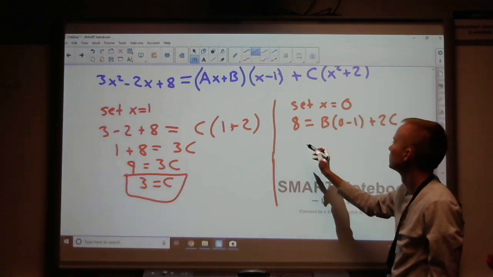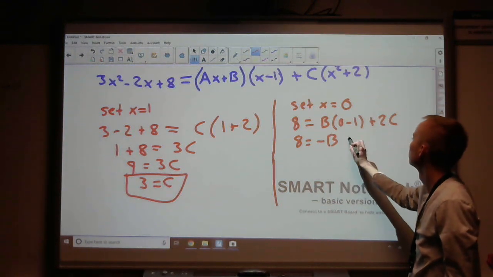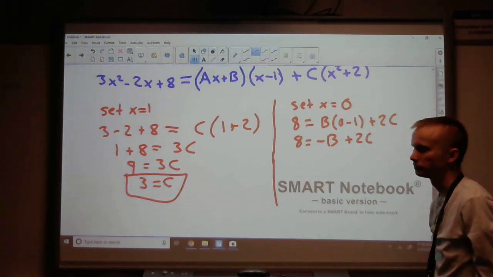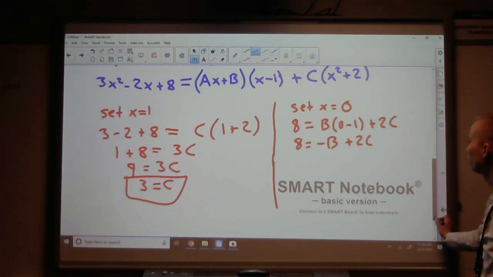So we get 8 equals negative b plus 2c. Now why is this really good?